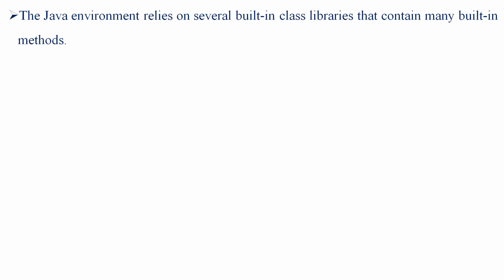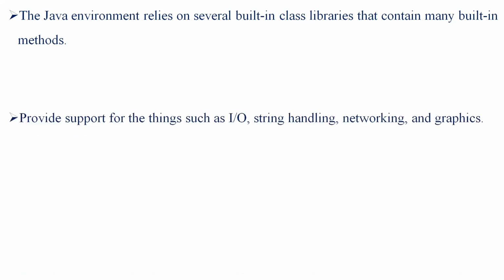In order to work beneficially with classes and methods in Java, it has multiple built-in methods. To perform built-in functionality, it uses built-in methods as well as built-in class libraries.